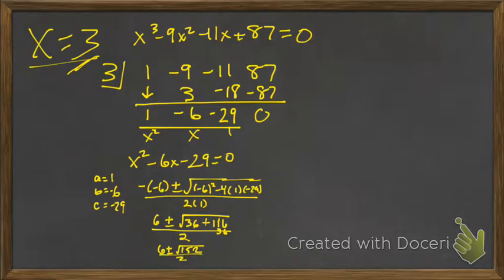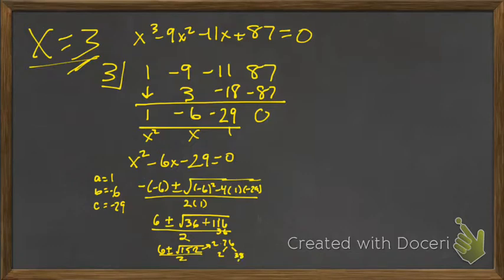And now it's just a matter of simplifying the radical, unfortunately. So let's see. If I take a 2 out of 152, that's going to be 76. Then I can take another 2 out of that, which would leave behind 38.